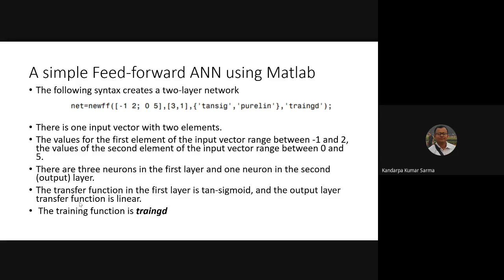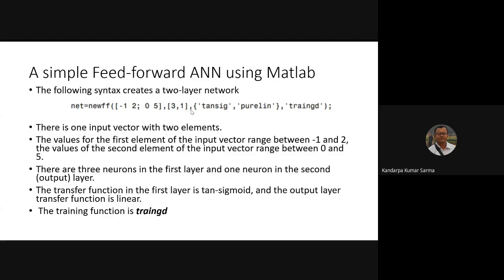Last time we saw how to create a simple feed-forward ANN with Matlab. We used the newff function, and we spoke about how to create the different layers, how the minmax function is used to get the range of minimum and maximum values that the vectors will be carrying, then the number of neurons in the hidden layer, and the number of neurons in the output layer.